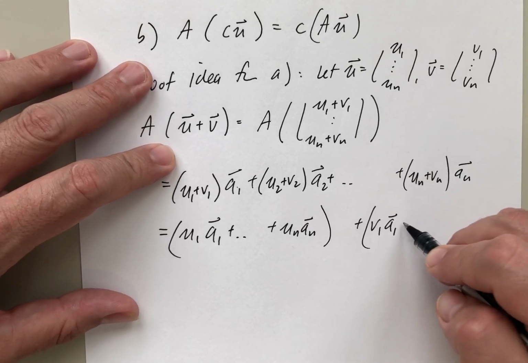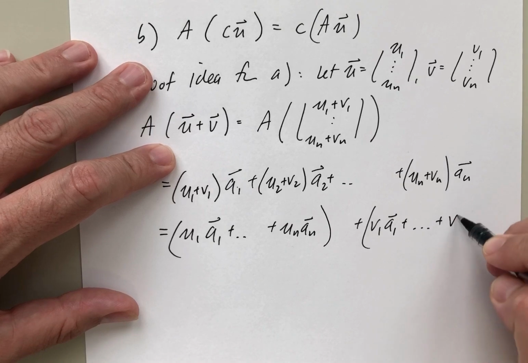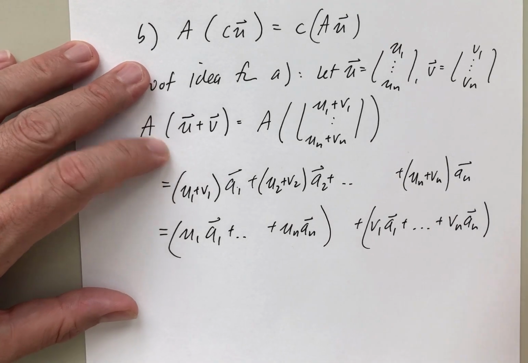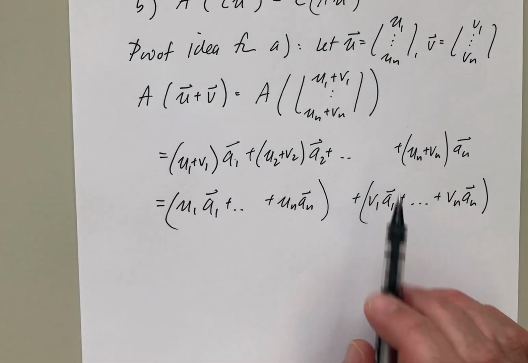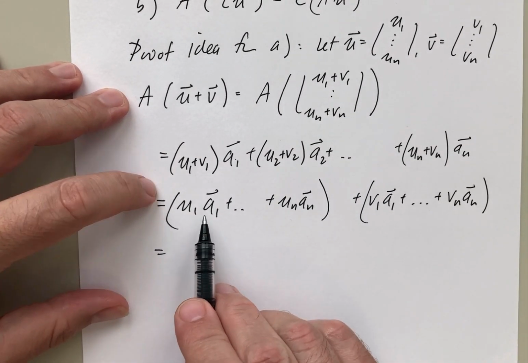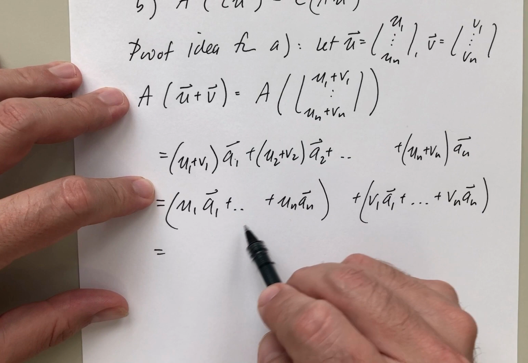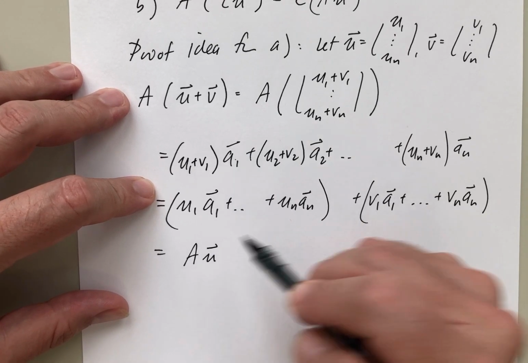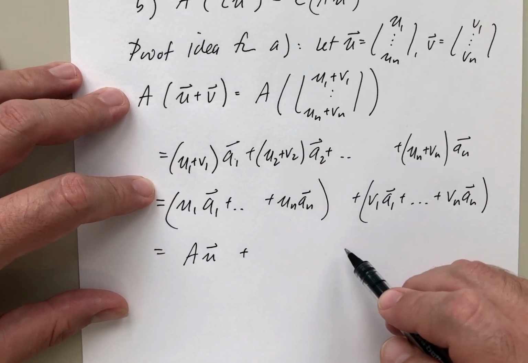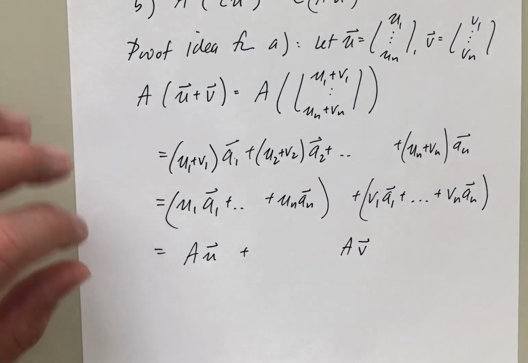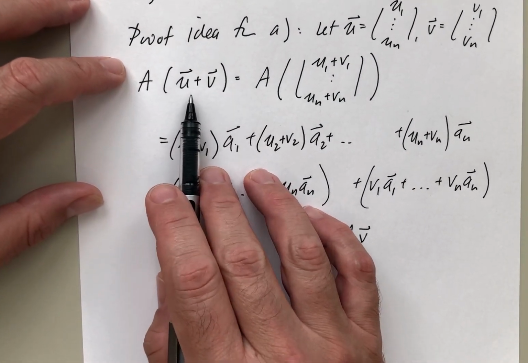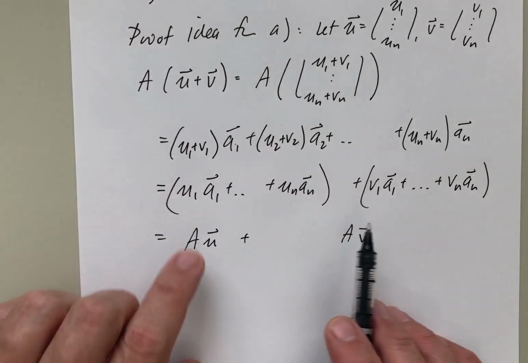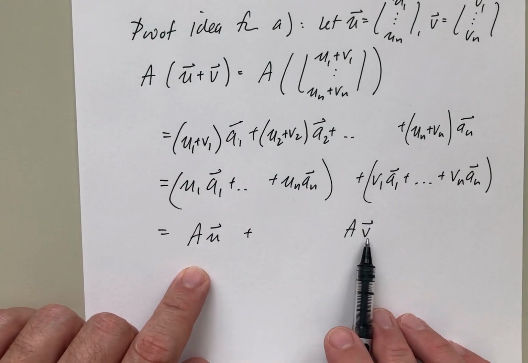This is V1 A1 plus dot, dot, dot. What's left is Vn An. I've just separated all the U's from the V's in the weights here. And what I get in the end is, well, this should look familiar. By definition, this is just A times U, and this is A times V. So in the end, what we get is A times the sum of two vectors is just the sum of those two respective products.